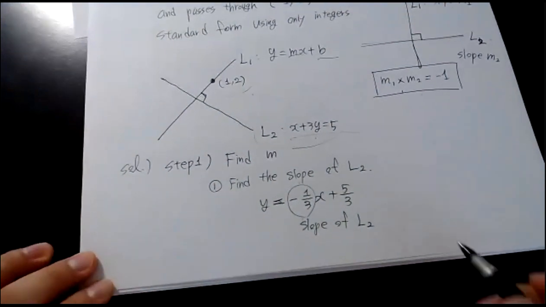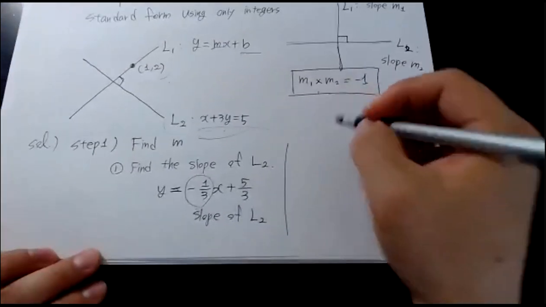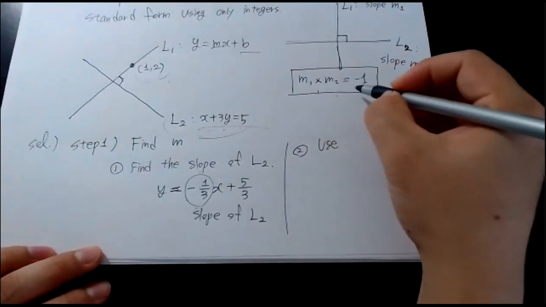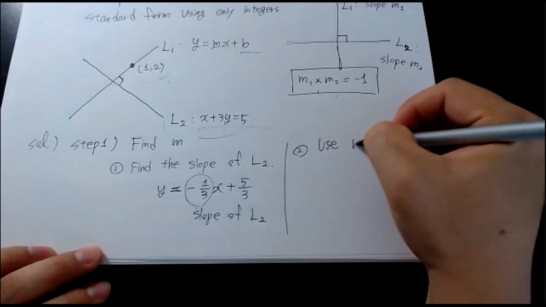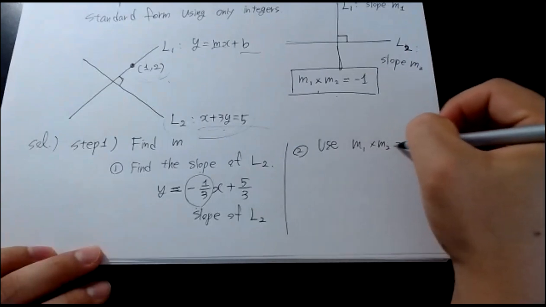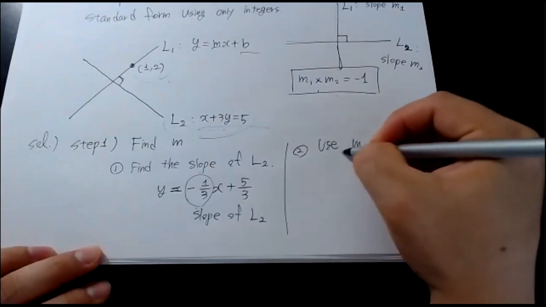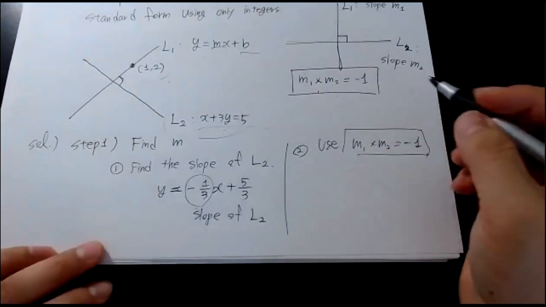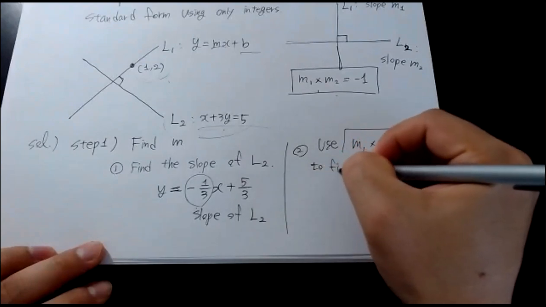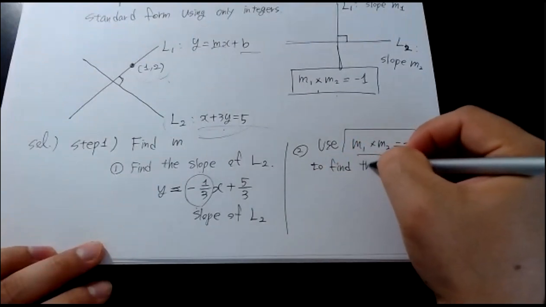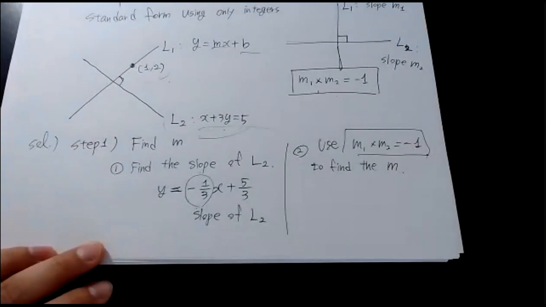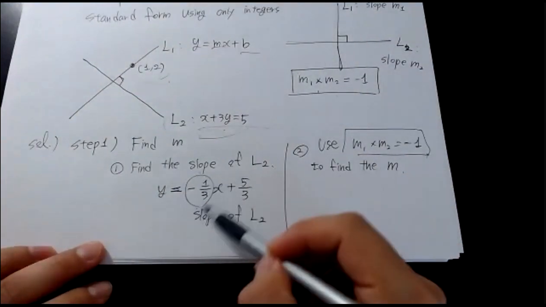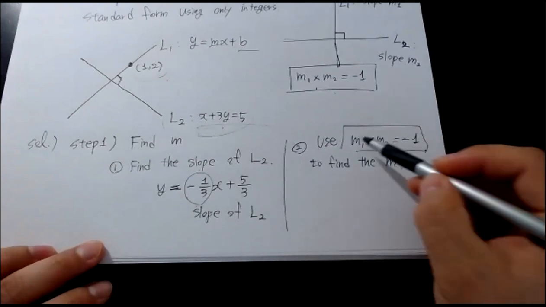Now, second sub-step, we use this one: M1 times M2 is equal to -1. Use that fact to find the slope of L1. I'm going to plug -1/3 into M2 and M into M1.